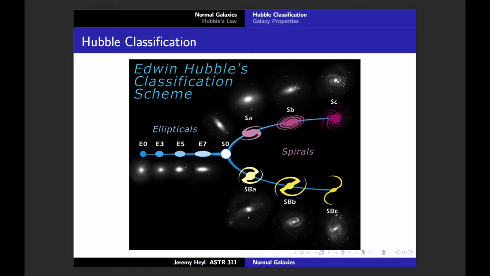Another way that we talk about these, and I don't know exactly what it means, is called flocculent. There's lots of great, pretty words that have to do with galaxies. So flocculent means that you see lots of this swirly structure, but it's very hard to trace a spiral arm all the way around. So as we go towards the later spirals, the spiral structure becomes more flocculent, as it were.